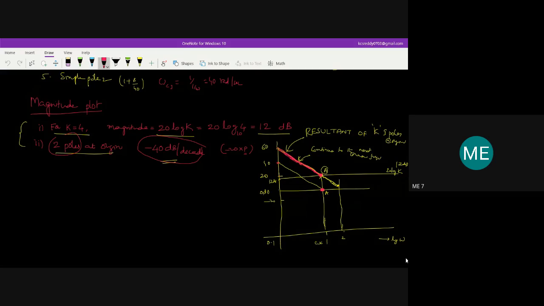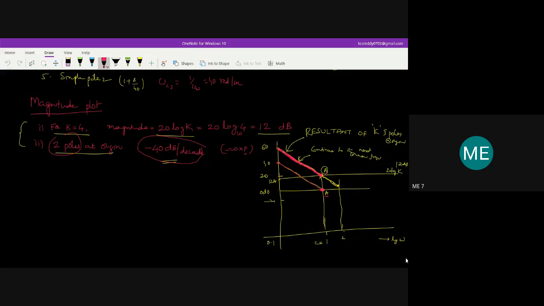We have shifted this point onto the 20 log K line, and through this point we need to draw a line parallel to this minus 40 dB slope line. To which line do we draw parallel? To the line for the number of poles at origin. There are 2 poles at origin.